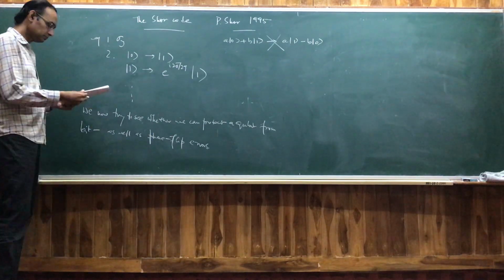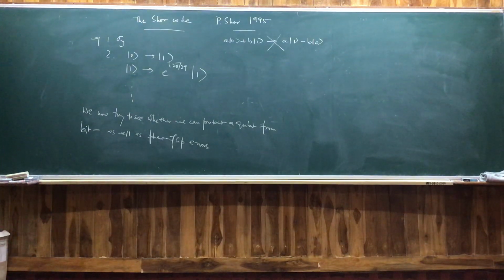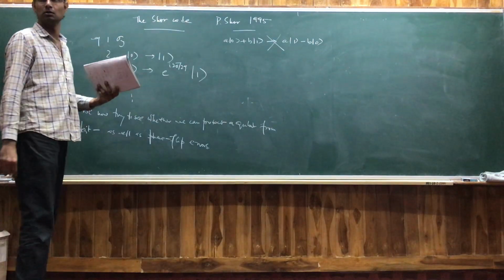If the error is non-unitary, if the channel is non-unitary, then we cannot always correct the error. Are the errors all unitary? Take the second one: 0 goes to 1 and 1 goes to 1. Oh, sorry, Z. This is a typo.